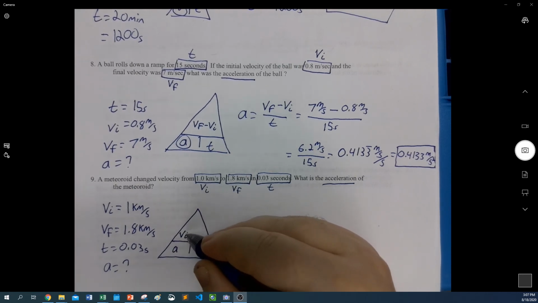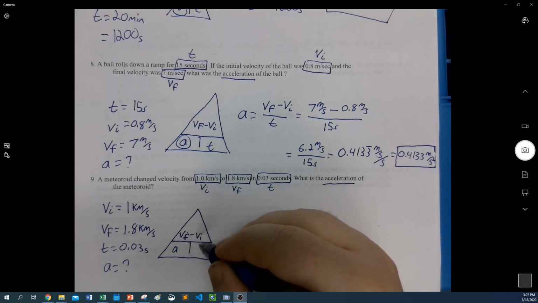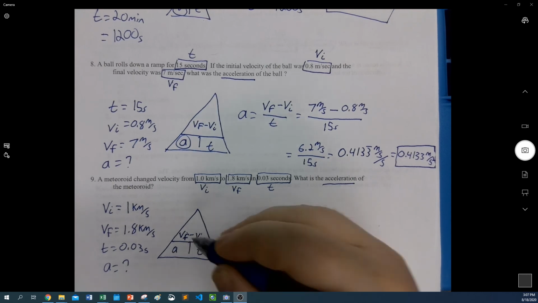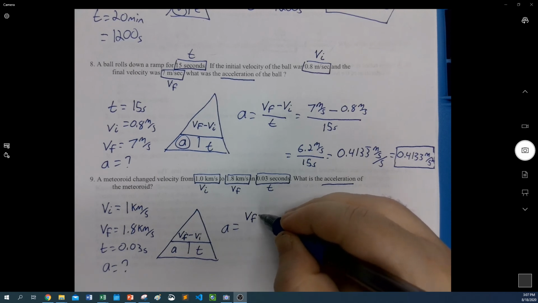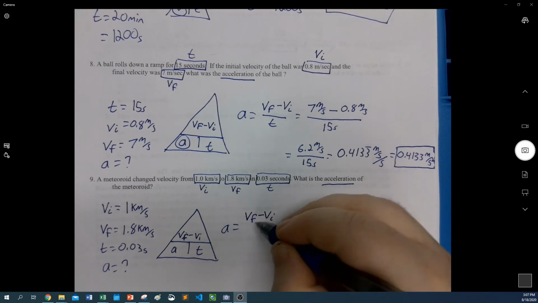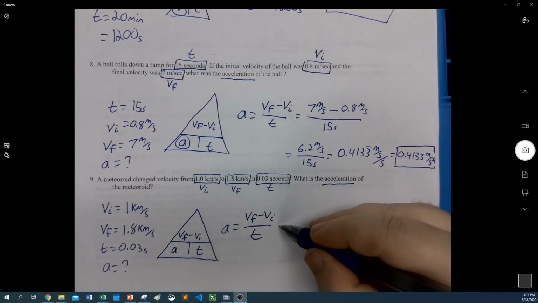So Vf minus Vi, change in velocity over time. So acceleration is change in velocity over time.